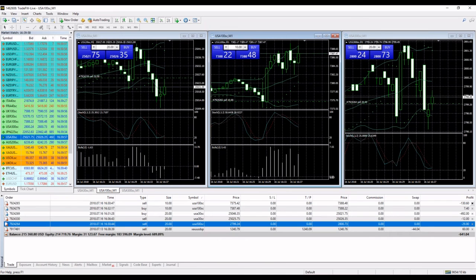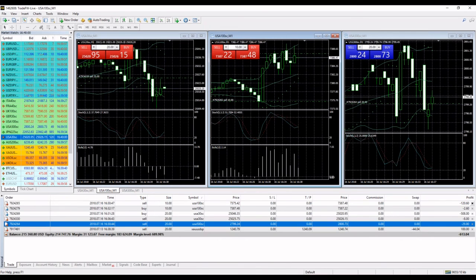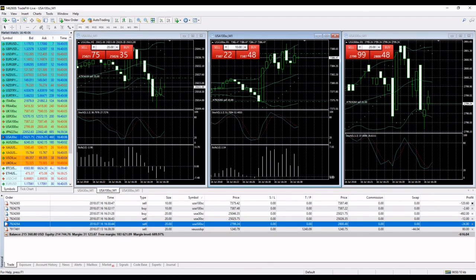We are short and long on Dow Jones. We are short on USA 500. And we are short on gold. Gold is giving us some profits.